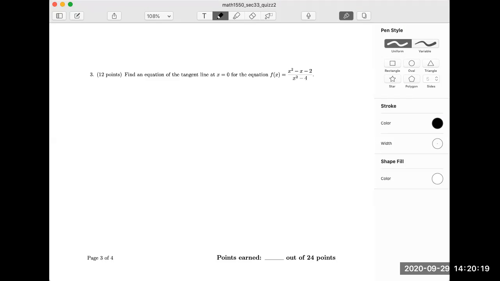But remember, the domain of this is x different from plus and minus 2. When you simplify it, definitely the new function will have a different domain. But in order to compute the derivative at 0, 0 does belong to the domain of this. So it means that we're lucky. We can do it easily. So just a reminder, okay? So have a good one and see you tomorrow.